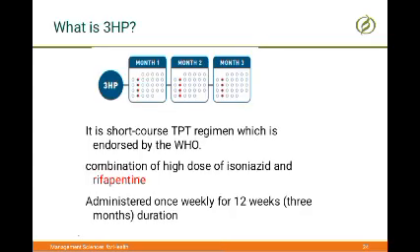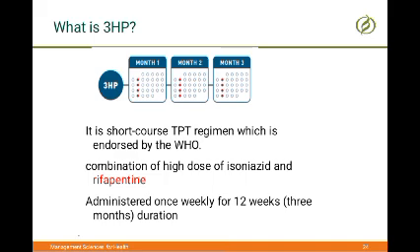What is 3HP? 3HP means it is a short course TB preventive therapy or TB regimen, which is endorsed by the WHO, World Health Organization.